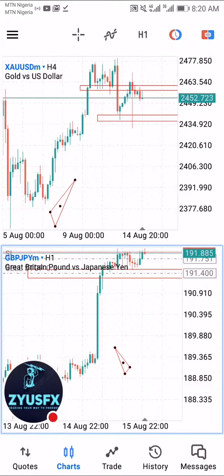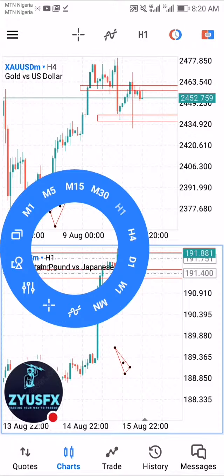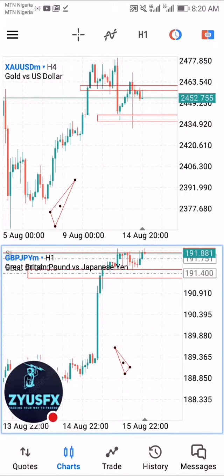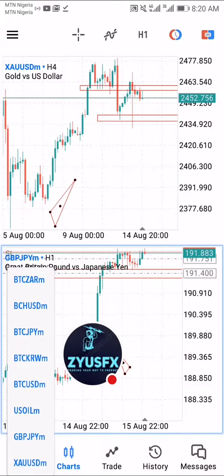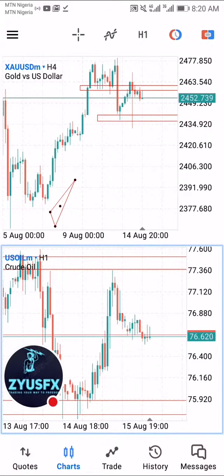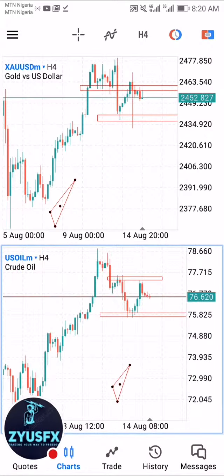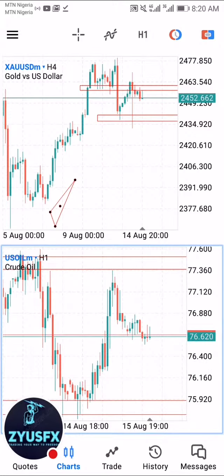So let's go back to US oil. Let's go back to US oil. Price is still, I don't think there's enough volume in the market.